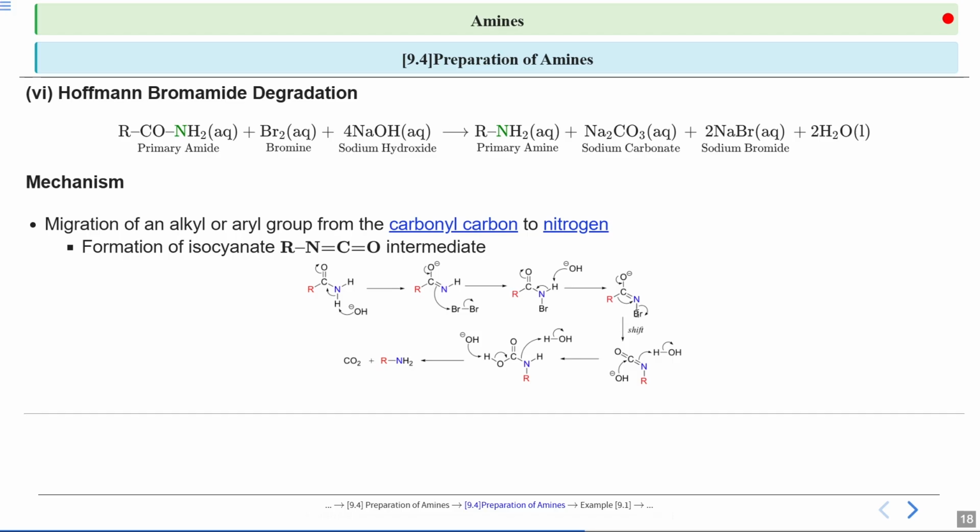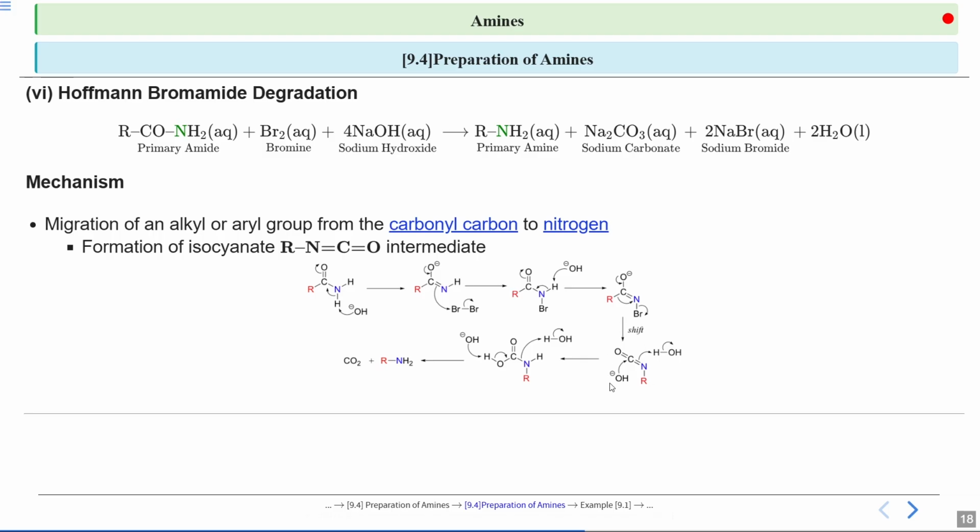Now you will see that there is migration of this R group from this carbonyl carbon to the nitrogen atom. So this R group is now attached to this nitrogen. This means the group which is attached to the carbonyl carbon now moves to this nitrogen, and this migration leads to the loss of one carbon atom from the molecule.